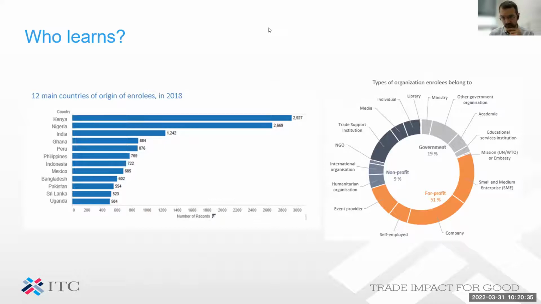And then the private sector is more than half, with SMEs being the largest chunk. And then companies who have not identified their size as the second largest chunk. Of course, we have a lot of self-employed participants and entrepreneurs.